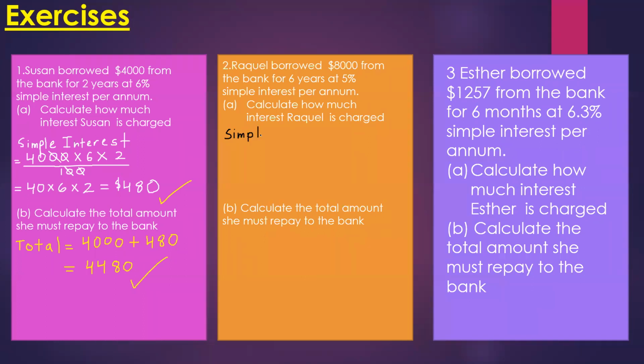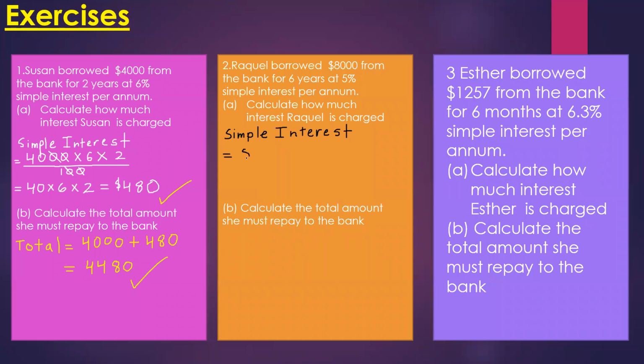So that's 8,000 times 5 times 6. One moment, let me write it down. Okay, go ahead.